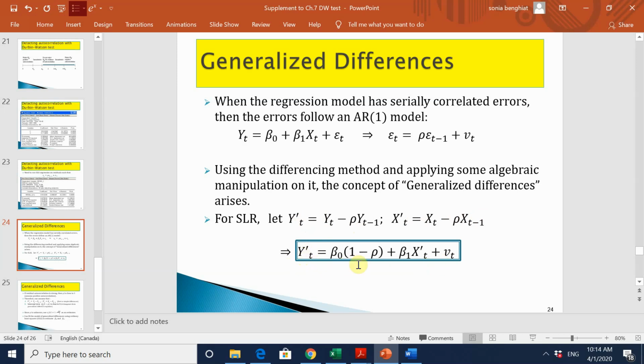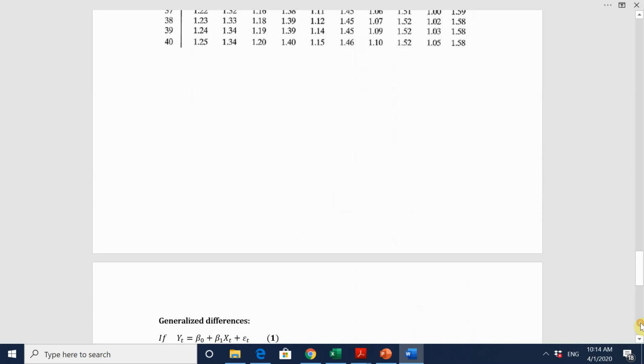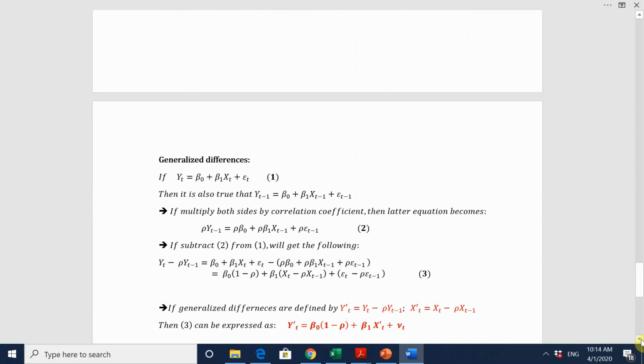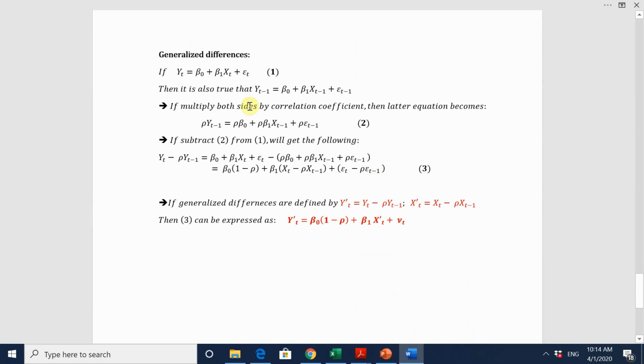We can now express this new regression equation in this format. In this document I provide a little proof of how we go from this form to this generalized differenced form.